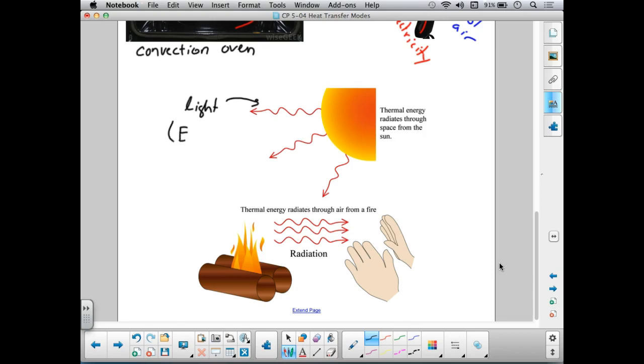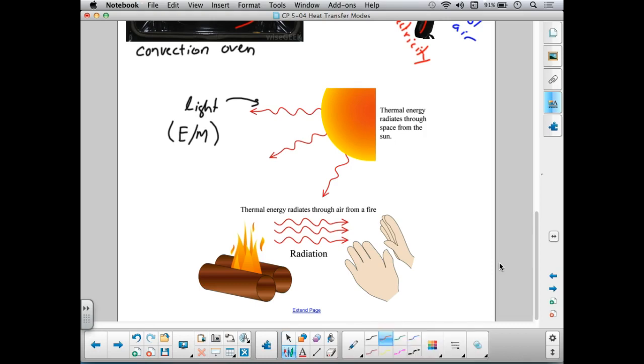And we can say light or electromagnetic waves. And we also see radiation happen even here on Earth. If you are holding your hands next to a fire, you're going to feel thermal energy from that fire through radiation from the side of the fire, or a flame.